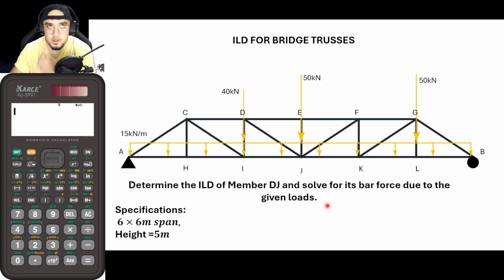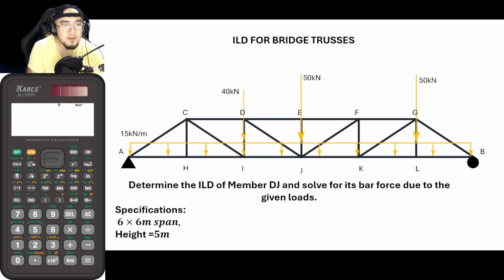After graphing the influence line diagram, we would now be making use of that diagram in order for us to get the bar force of member DJ as brought about by these actual loads. Let me just reiterate the definition of ILD from our previous videos.